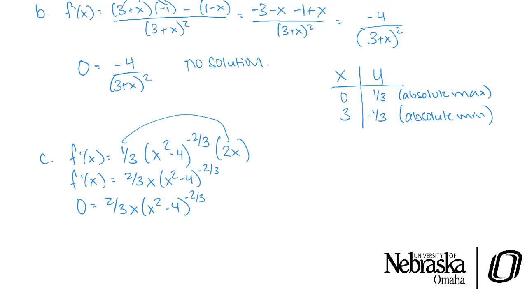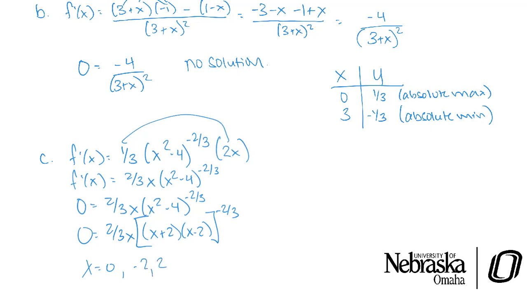If we factor x squared minus 4 to set each of these factors equal to 0, we get x plus 2, x minus 2, and of course all of that is to the negative 2/3 power. We set each of these equal to 0, and we get x equals 0, negative 2, and 2.